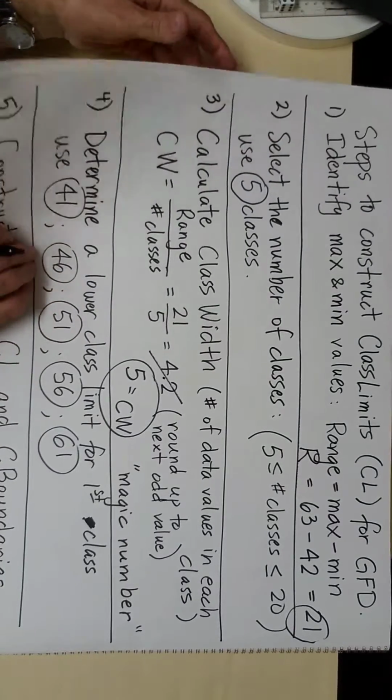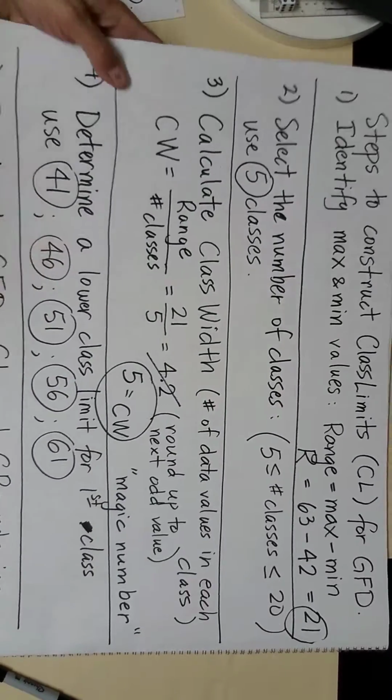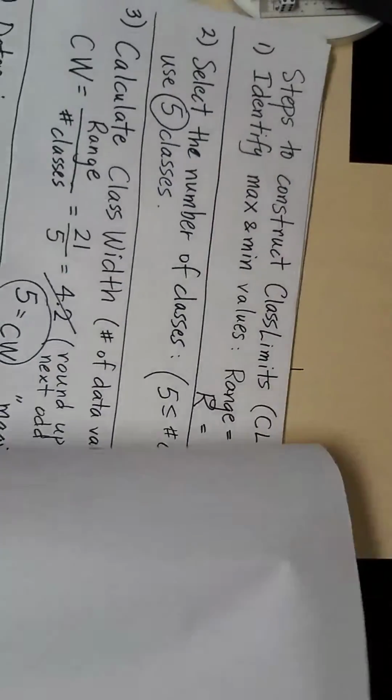The sixth step, as I said, this is the most confusing table.